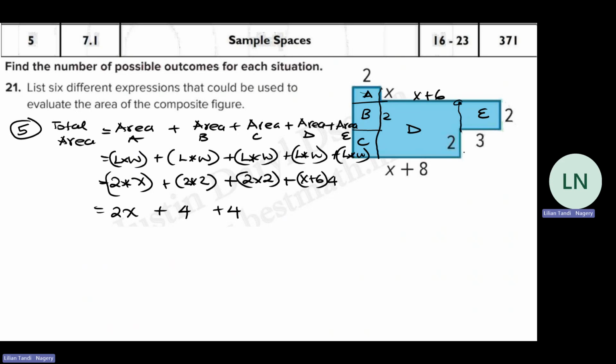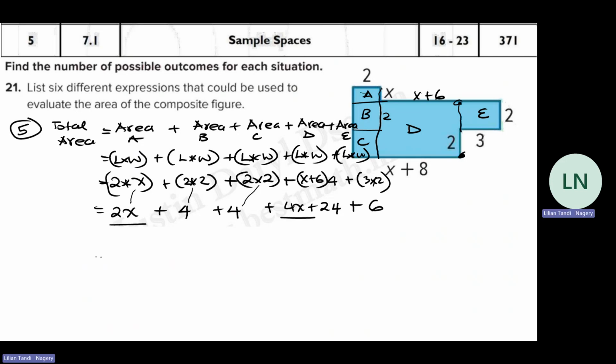So from here to here is 4. And then plus length times width for the last one is 2 times 3, or 3 times 2, it doesn't matter. Okay, so this is the answer to that, this is the answer to that, this is the answer to this. Plus 4x plus 24 plus 6.